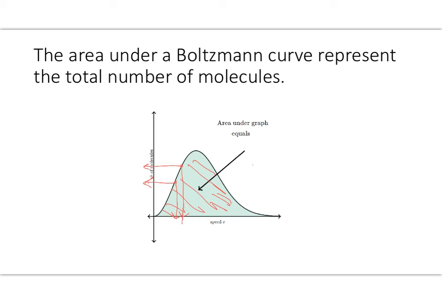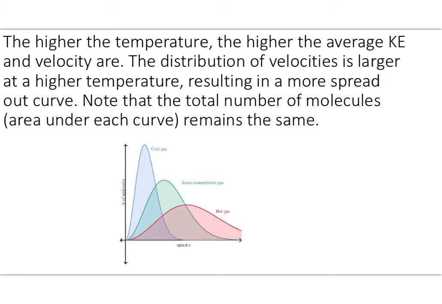Because if we take the same substance and change the temperature, what happens to the shape and location of the Maxwell-Boltzmann curve? Well, let's take this as our standard, the room temperature curve. Here's what the Maxwell-Boltzmann distribution looks like.